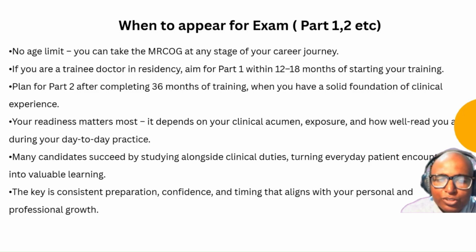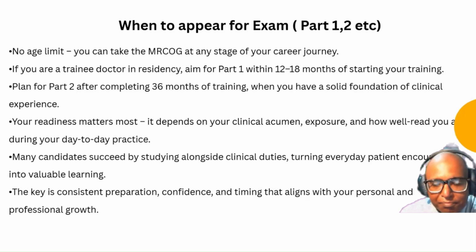Part 2 generally you should appear for after at least 36 months of training, when you have a solid foundation of clinical experience. This is not mandatory. You can appear immediately after part 1, but if you see the depth of the examination, the kind of questions which are asked, what the RCOG expects from you in this second part is possible to clear when you have seen a variety of patients.